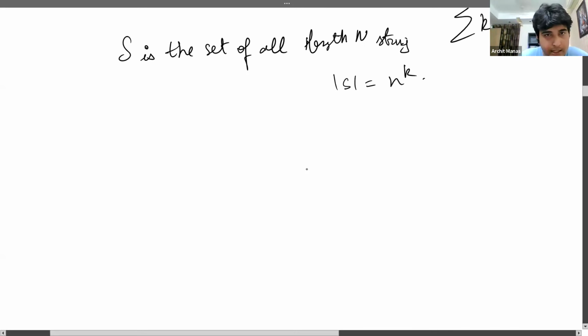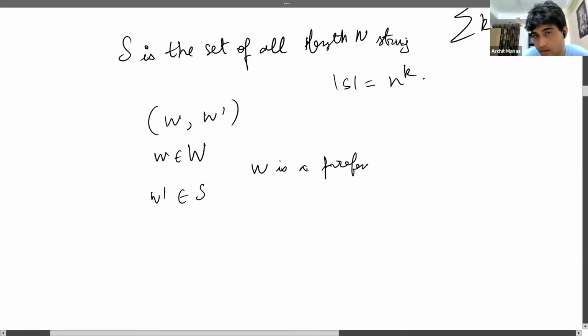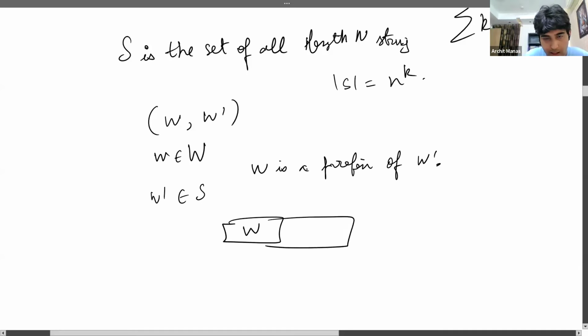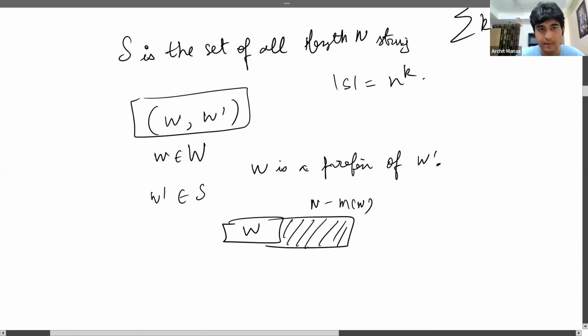And what you're counting is the number of pairs w comma w prime, such that w is a part of the word set that we had, w prime is a part of S, and w is a prefix of w prime, right? So basically you have w and you have n minus length of w characters left, and you can fill them up in any way you want. And you're basically looking at the pairs of strings that satisfy this property.